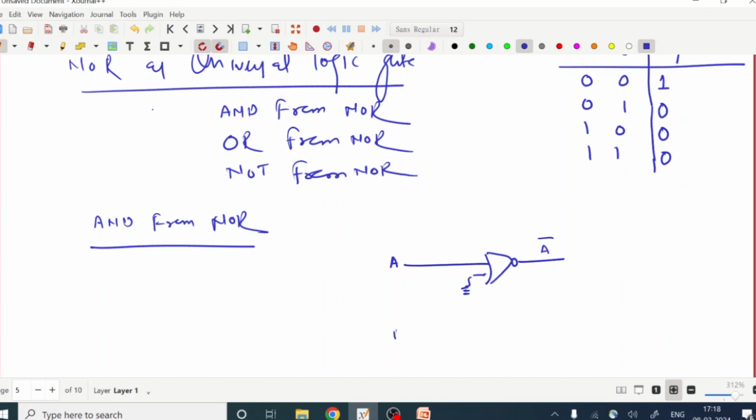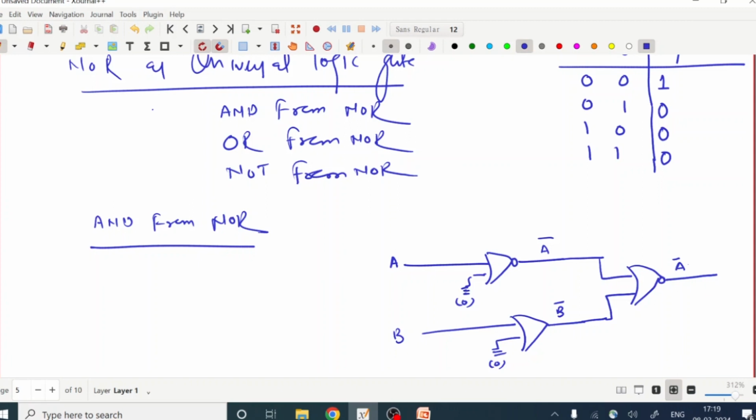Similarly here B, and another input is simply connected to ground, just like earth, which represents 0. All the time this is 0. So this gives B complement, and both A complement and B complement are connected by using a single NOR gate. This is written as (A complement plus B complement) whole complement.